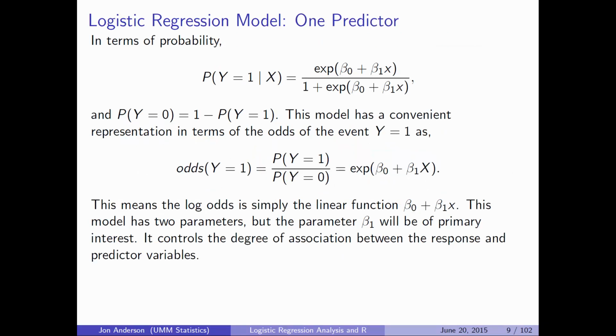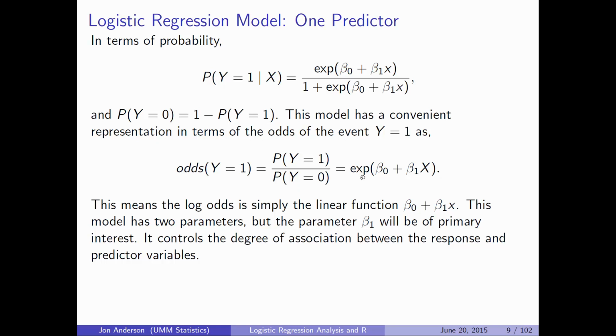Let's take a look at the most simple case of a logistic regression model, a one predictor model that has the notation x. The probability that the event happens is this expression. The odds that the event happens is the probability that the event happens divided by it doesn't happen. That's the odds.